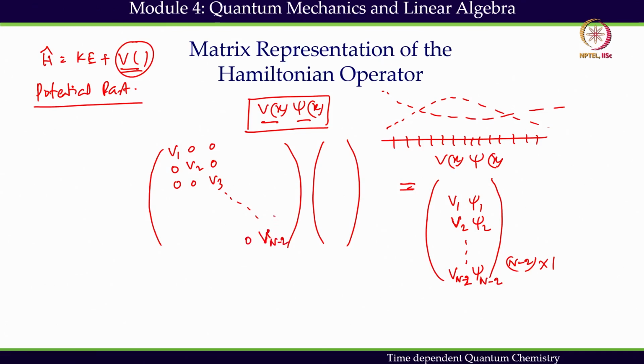So this is 0, this is 0, like this. And here we get psi 1, psi 2, psi 3, psi 4, psi n minus 2. So basically we get back this element by element multiplication, the scalar multiplication, with the help of the potential operator. The potential operator in the end can be represented in diagonal form.